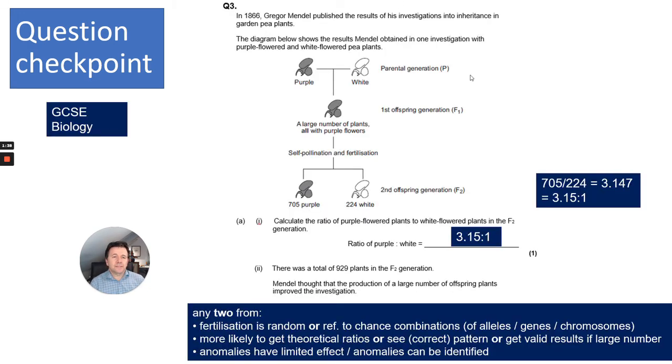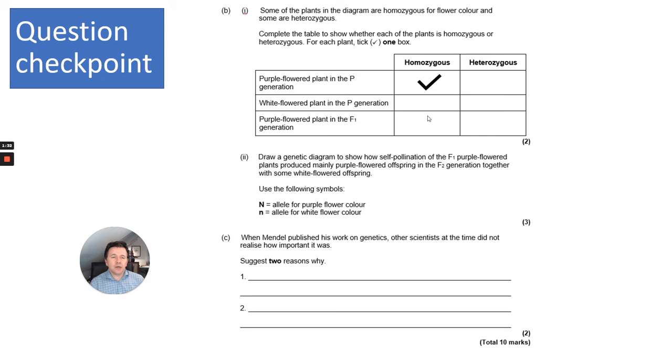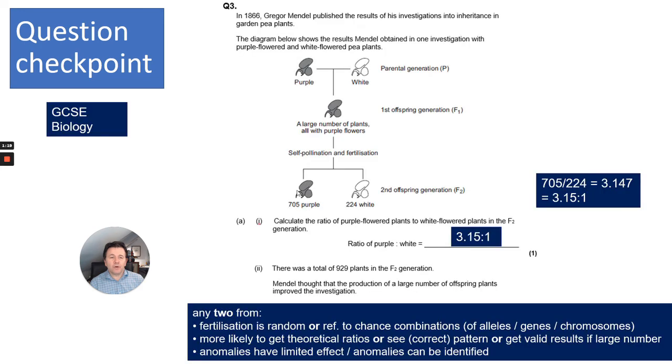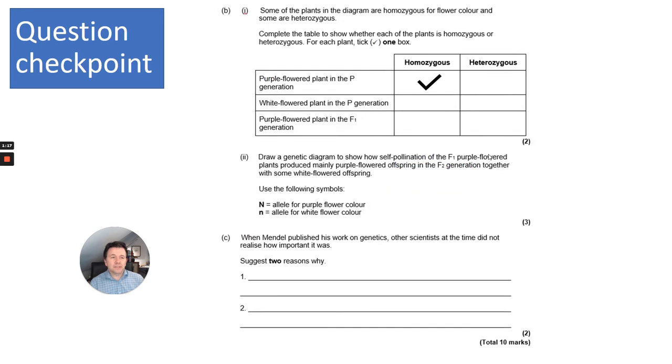Okay, so you can see that it produces all offspring that are purple, so that's homozygous. White flowered plants in the P generation, again that is homozygous, so it's homozygous recessive. And then purple flowered plants in the F1 generation, so let's have a look in the F1. Well, they're a mixture of the two, so it must be heterozygous.